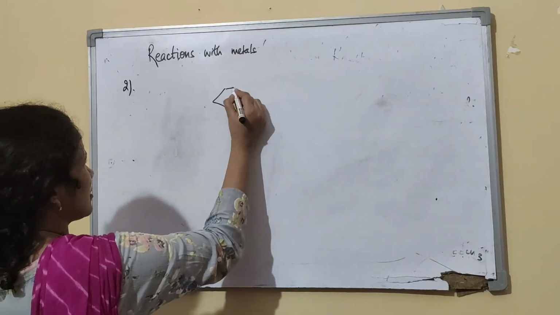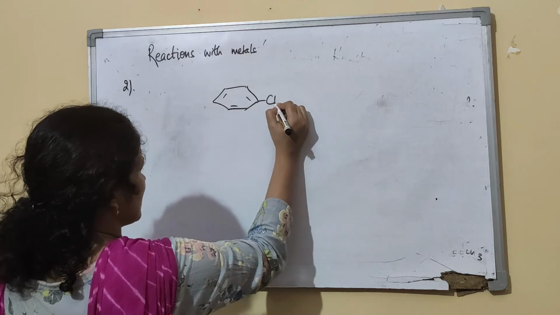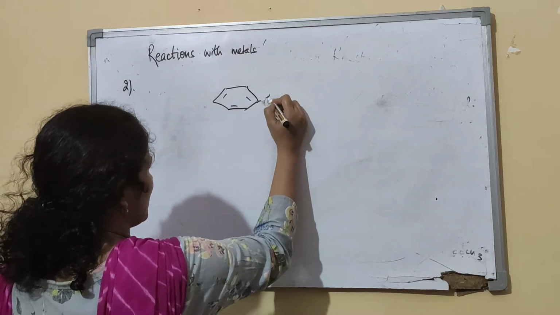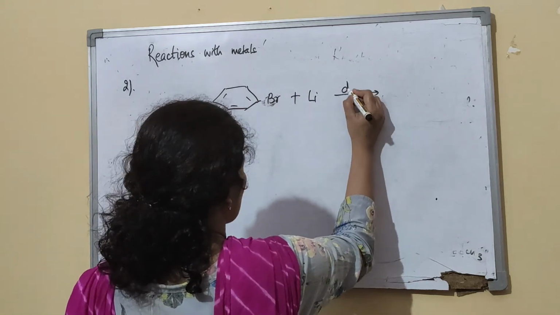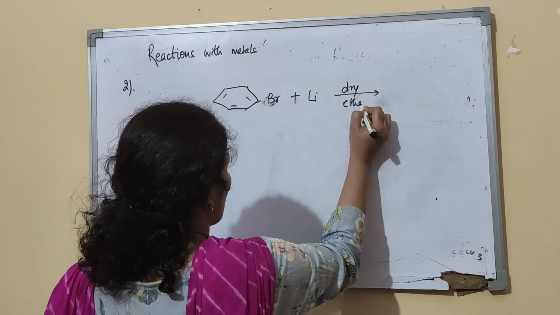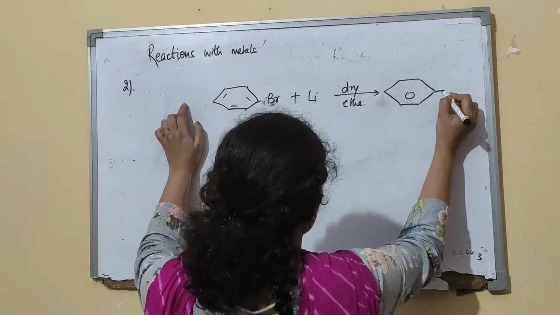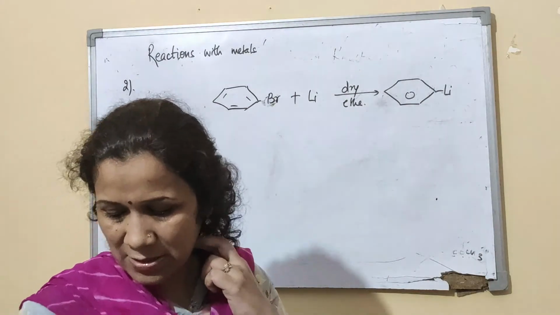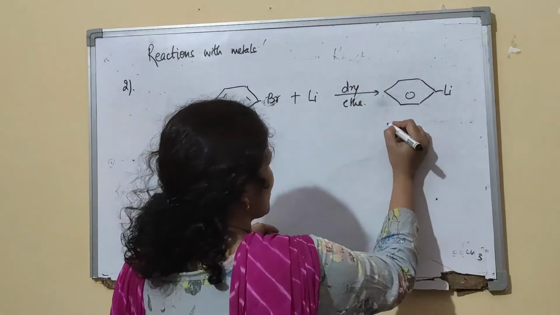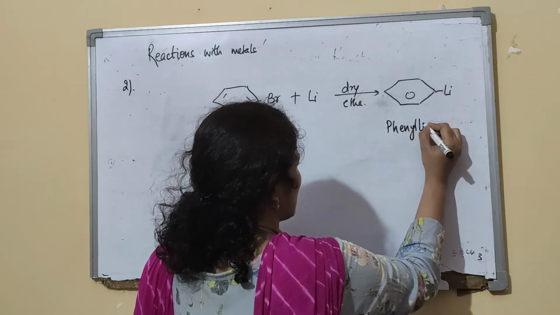So if you treat bromobenzene with lithium in presence of dry ether, you will get something like this. So we will call it as phenyl lithium. This is phenyl group, so we call it as phenyl lithium.